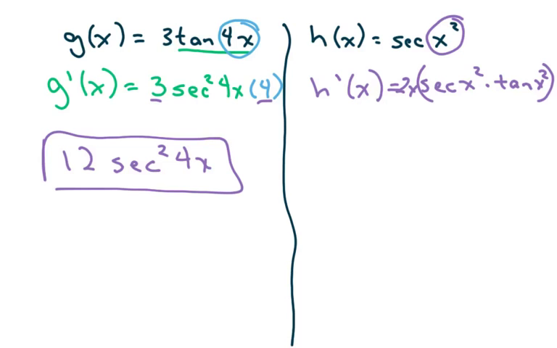I just put it in front, so let me write it again. So it's going to be 2x times secant of x squared times tan of x squared. Okay? I'm going to go ahead and put this in parentheses. All right. And that's all.